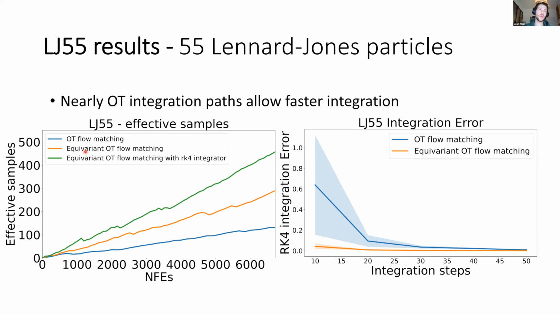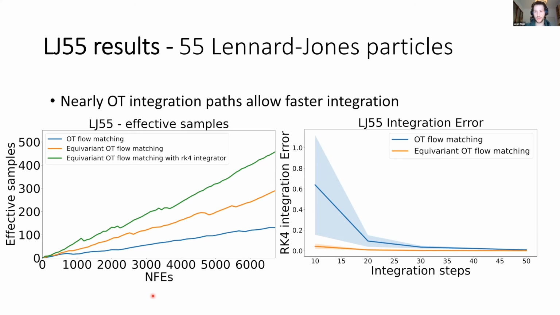You can see that the equivariant OT flow matching produces more effective samples than the OT flow matching with the same integrator, which is the adaptive one. But if we use the Runge-Kutta integrator, we get even more effective samples per function evaluation, which is also a proxy for the time needed for the inference.